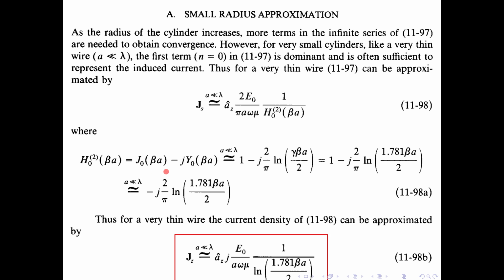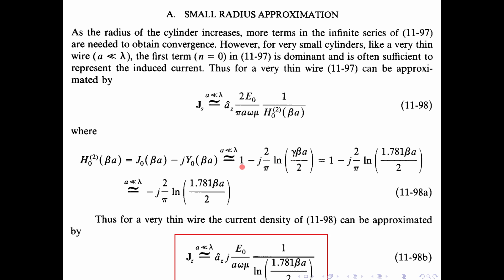And in fact, for very small arguments, the Bessel function of the first kind is approximately equal to 1, and the Bessel function of the second kind is almost infinite, in fact given by a logarithm of a very small number that goes to minus infinity, and with that minus it goes to plus infinity.